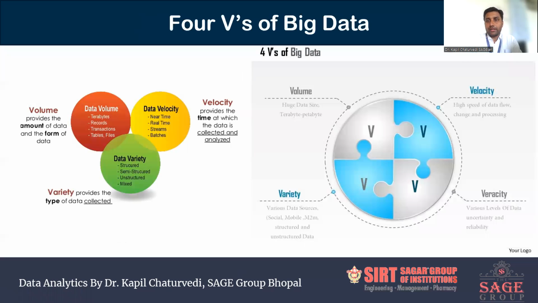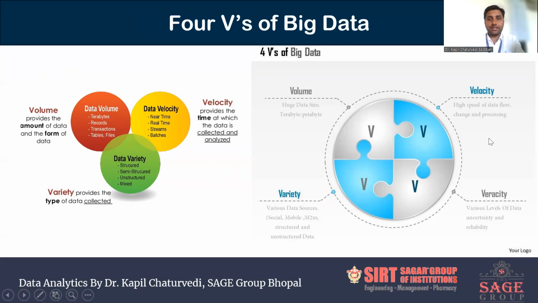The most important thing, many times the question arises in our mind: what kind of data will we say is big data, or which data will be big data? Simply, the data which follows these four V's is known as big data.